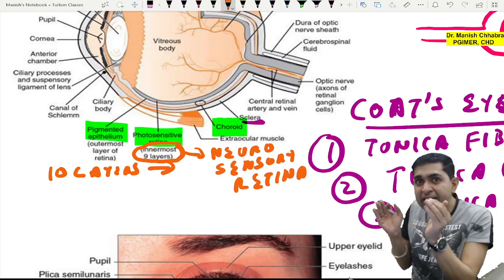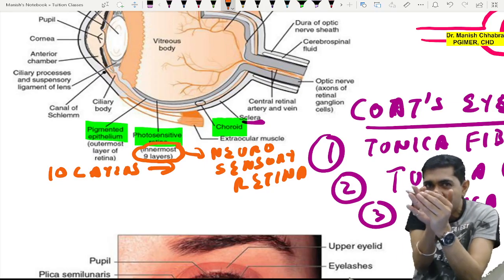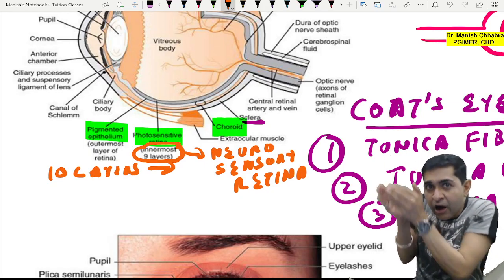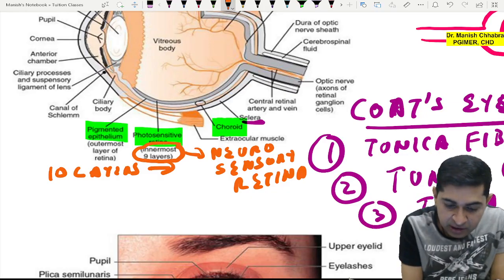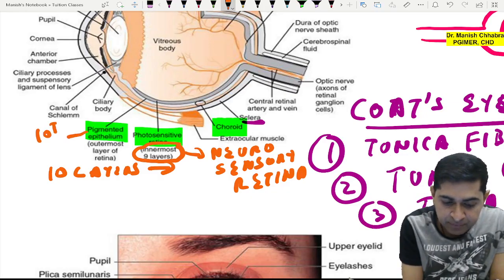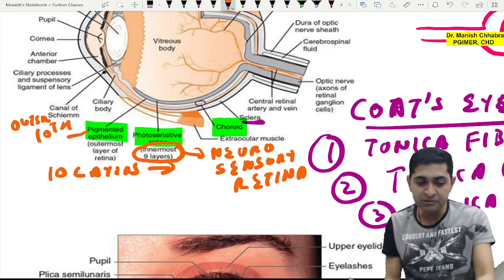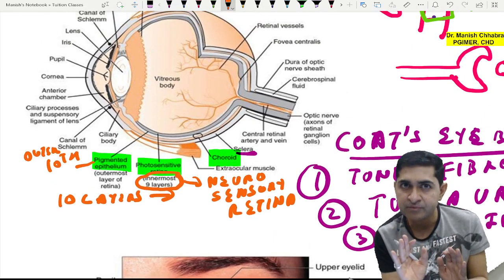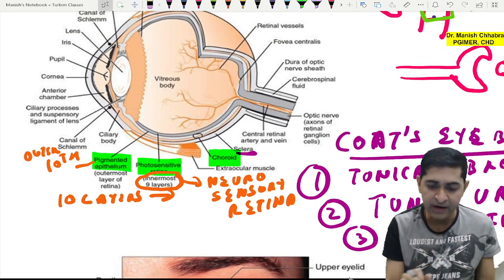While the outer 10th layer, inner 9 meaning from inside, the outer 10th layer is your pigmented epithelium. So this is your outer 10th layer, which is the pigmented epithelium.